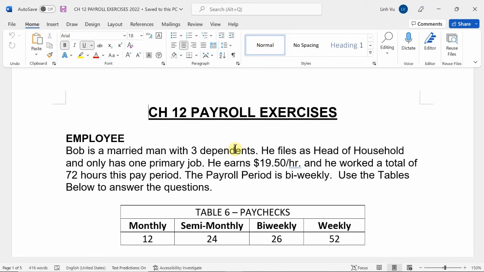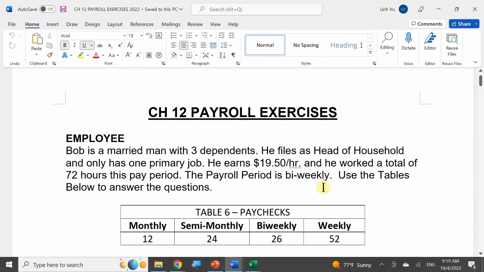Of course, he earns $19.50 per hour, and he worked a total of 72 hours this payroll period. The payroll period is bi-weekly. So use the table below to answer the question.